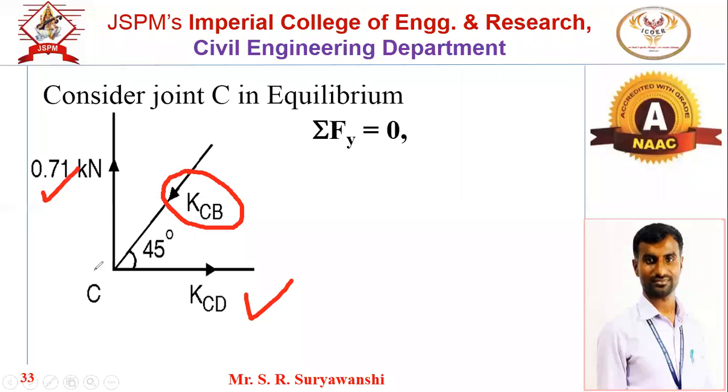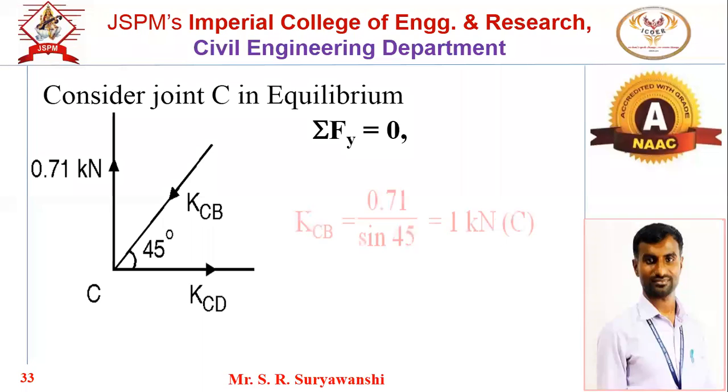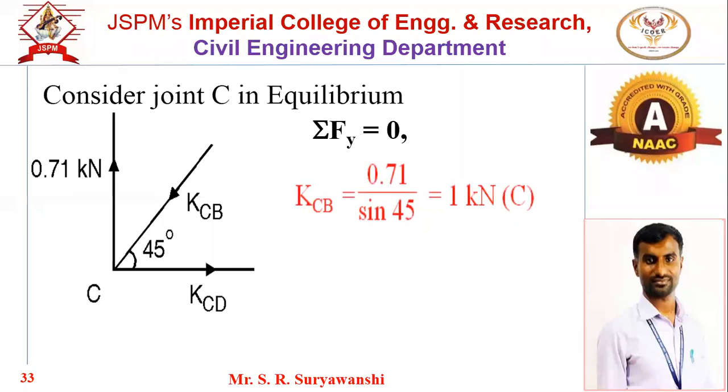No doubt at joint C there are 3 forces, 1, 2, 3, but out of 3, 1 is known to us. So again the maximum unknowns are 2, so use the joint method. Initially apply summation Fy equal to 0. So what we get? This KCB lies in the third quadrant, and in the third quadrant our y component will be minus.